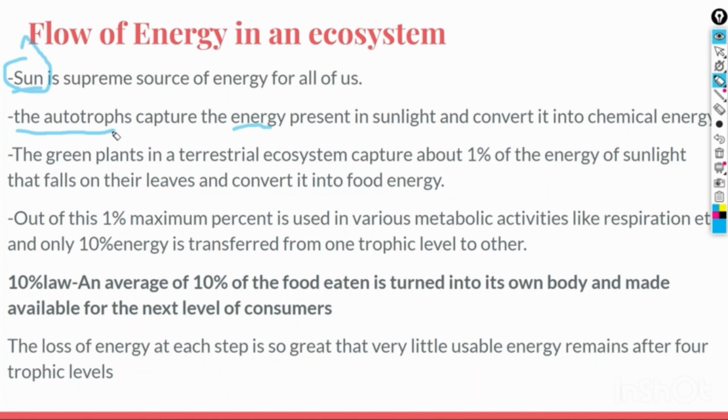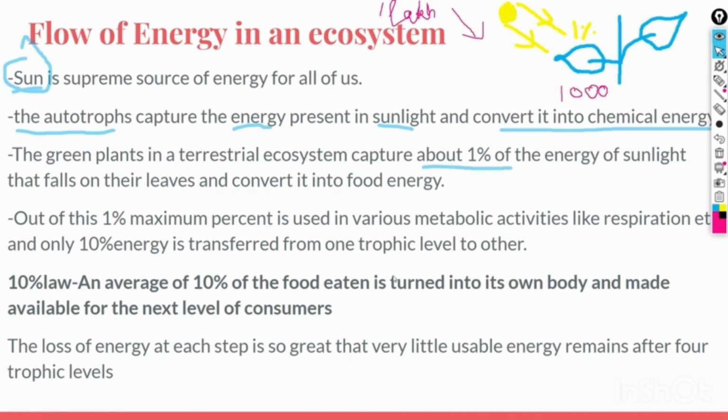So the autotrophs capture the energy present in the sunlight and convert it into chemical energy. This is the process of photosynthesis. By photosynthesis, they capture the energy and convert it into chemical energy. The green plants in a terrestrial ecosystem capture about 1% of the energy of the sunlight that falls. Okay, so here I have an example for you.